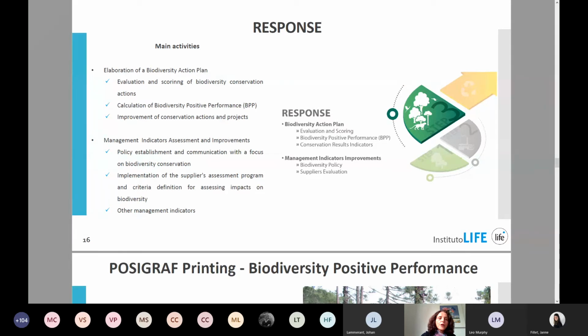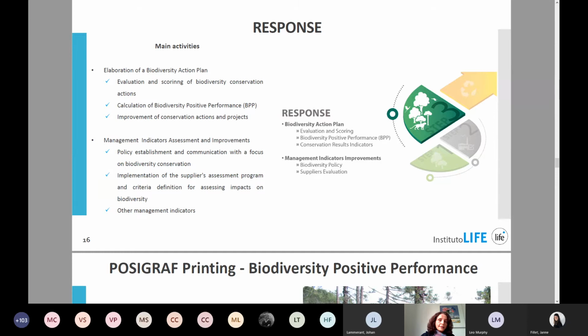So what we work with the organization, we elaborate a biodiversity action plan, evaluating and scoring biodiversity conservation actions, we calculate the biodiversity positive performance, what they have to do, what's the minimum they have to do. And also we work on improvement of conservation actions and projects. Some companies are doing something, but they don't have any specific indicators to measure it. So we also work on improvement of their actions and projects.